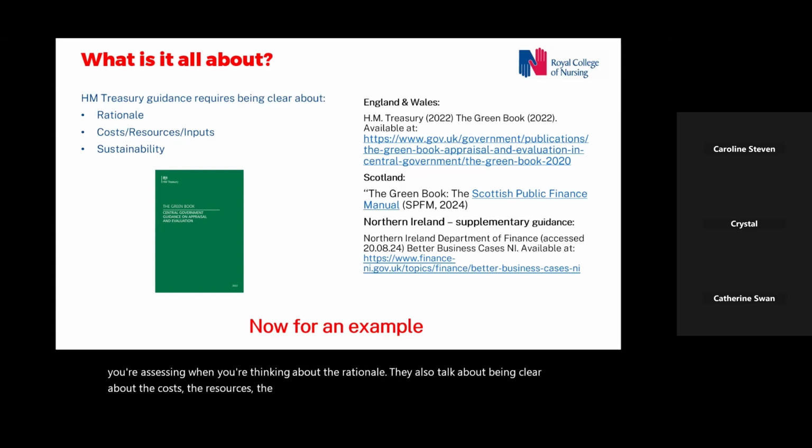So to help identify the costs involved in your service, they suggest considering a variety of categories, such as staff and people, training, materials or equipment, premises, expenses, and budget. And also thinking about sustainability considerations, for example, carbon footprint and other resource data.